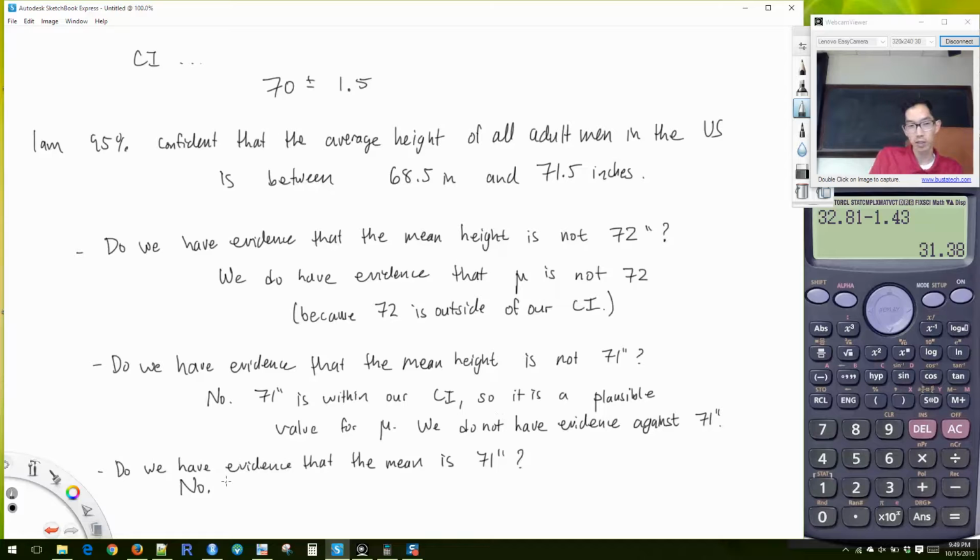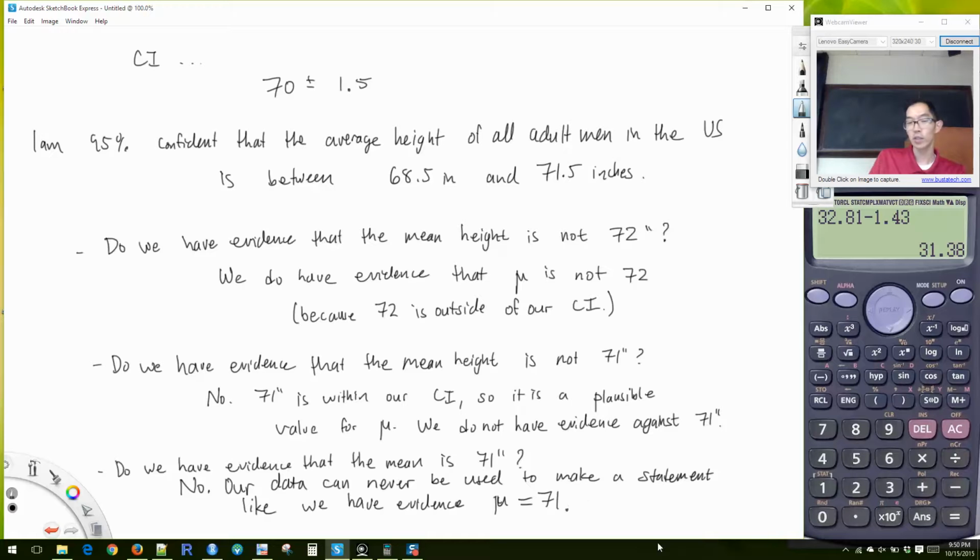Okay? So our data can never be used to make a statement like we have evidence that mu is equal to 71 or some other value.